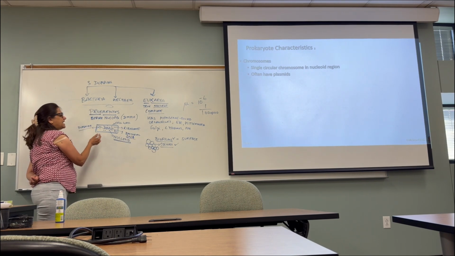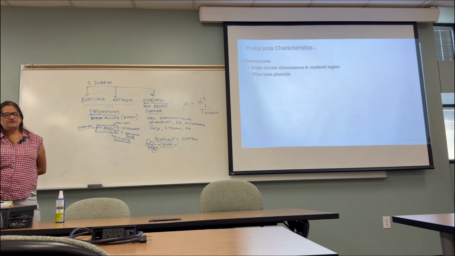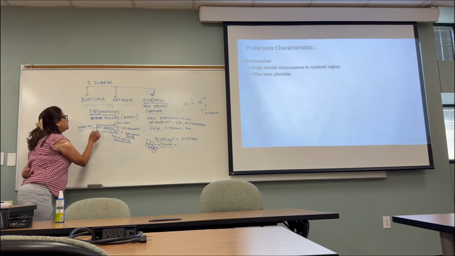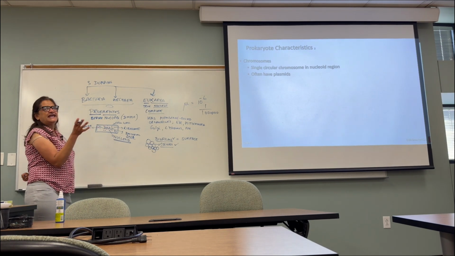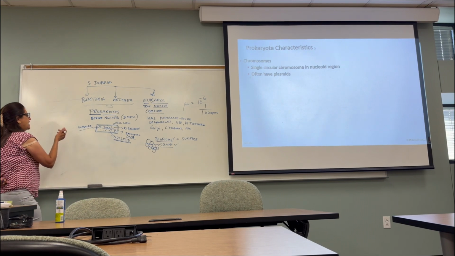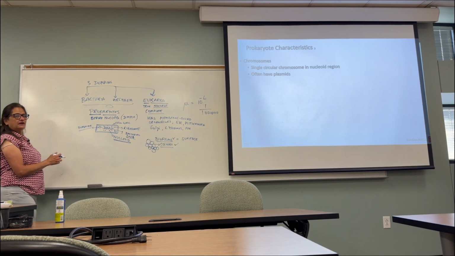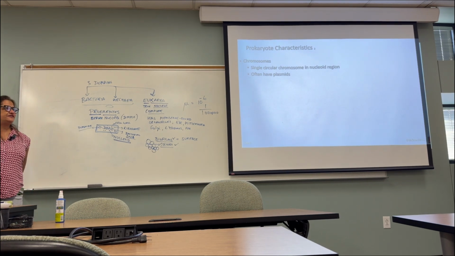And apart from that, they have another type of DNA which is circular as well, and can be located in any part of the bacterial cell, and they are called plasmids. These plasmids are responsible for very specific genes on them.